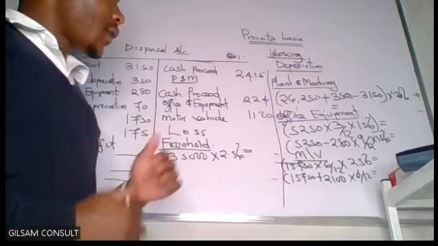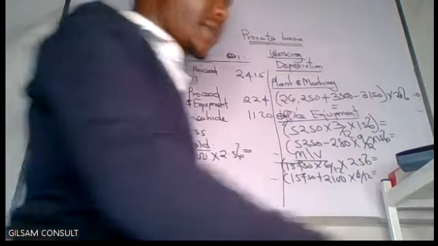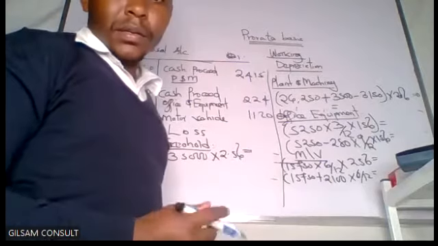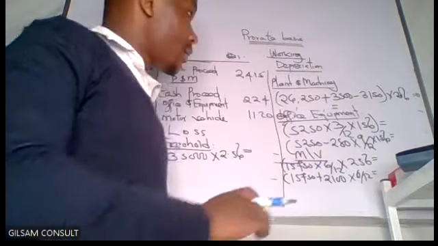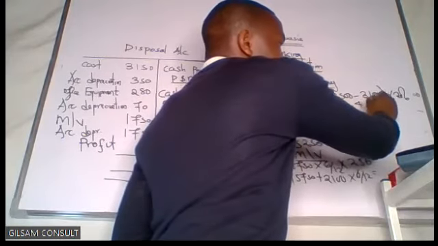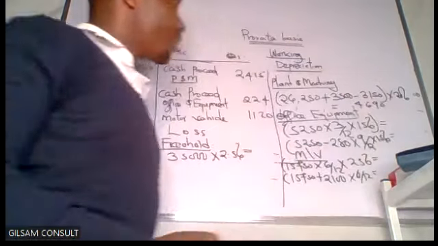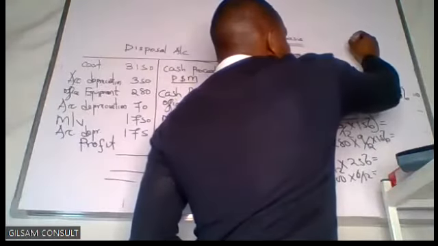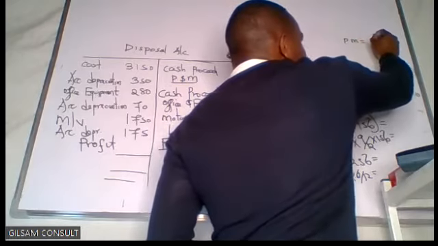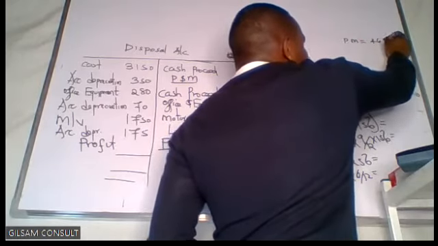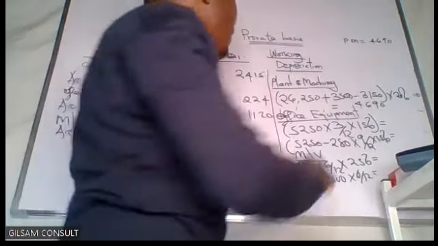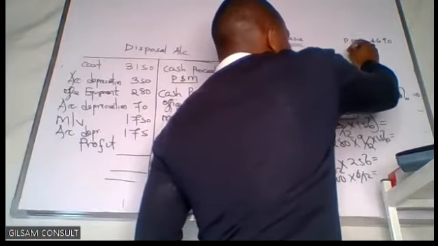So compute. The first one, what have you gotten? I have gotten 4690. Have you gotten the same? I don't have a calculator, so I'm waiting for your values. So the first one is 4690.